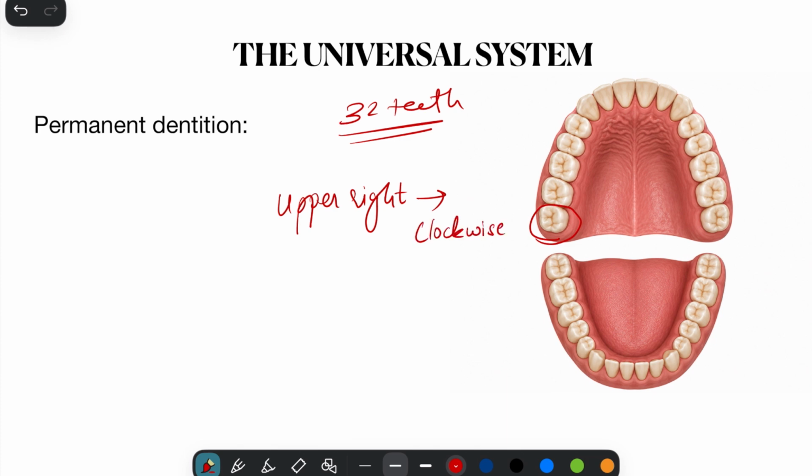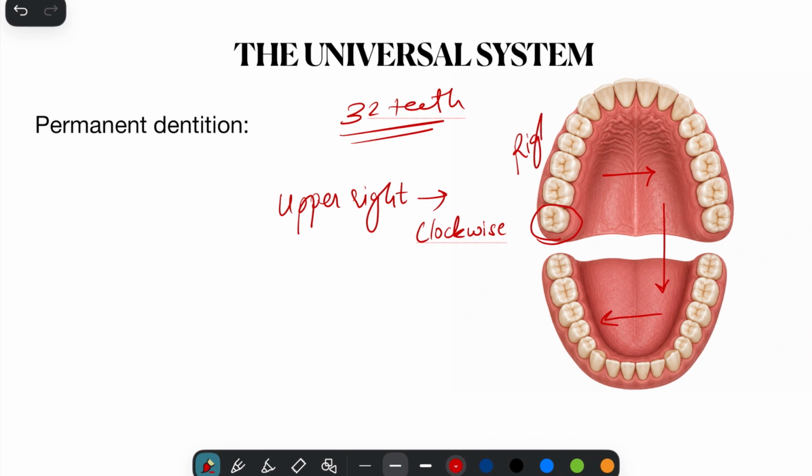From the upper right side we move to the upper left side, then to the lower left side, and then to the lower right side. Again, right and left are from the patient's perspective and not ours.